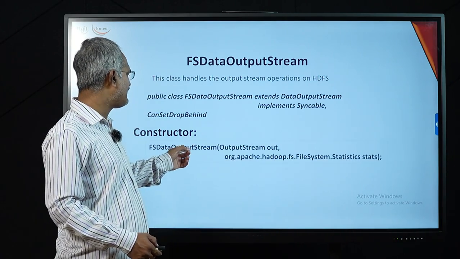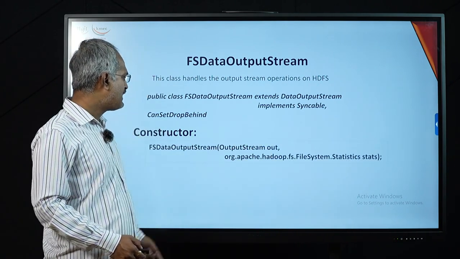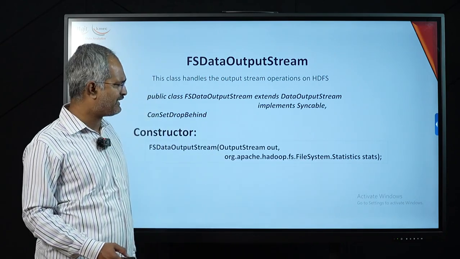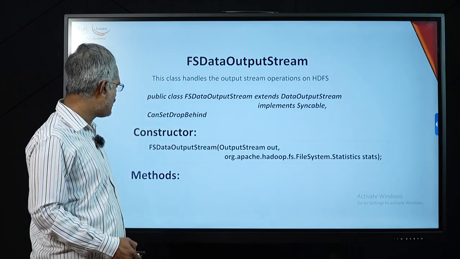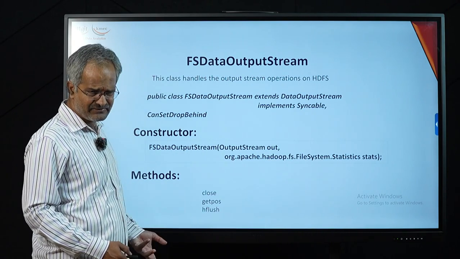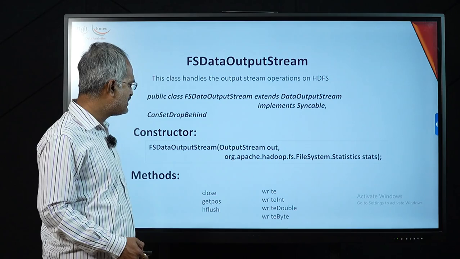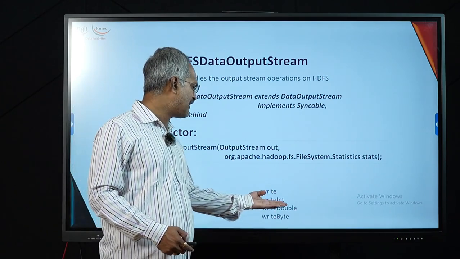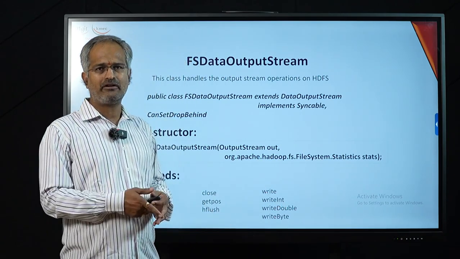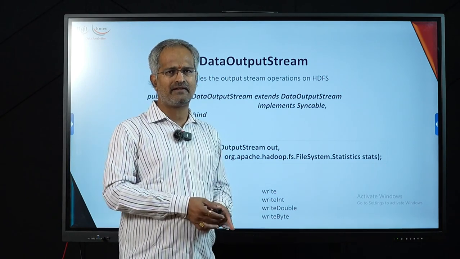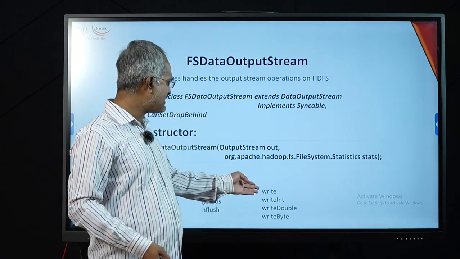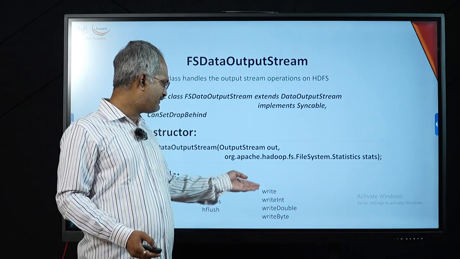The constructor is taking the stream output, and then file system statistics can be also taken. So how to create, there are several methods for that: close, getPos, hflush, and writeInt, writeDouble, writeByte. Whatever you want to write onto HDFS file, you can write individually by using these methods.